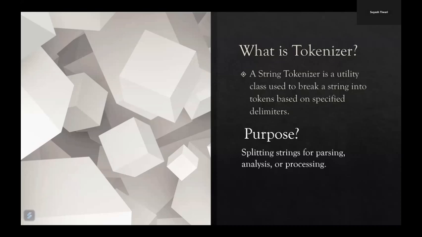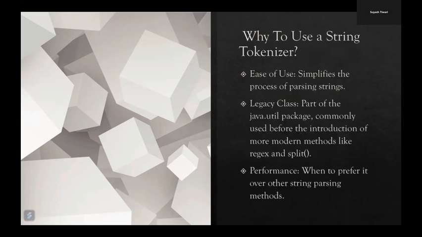The reason for splitting depends upon the requirements of the program and why that particular program wants the strings to be broken. As mentioned in the purpose, tokenizer is used for parsing, analysis, and processing.